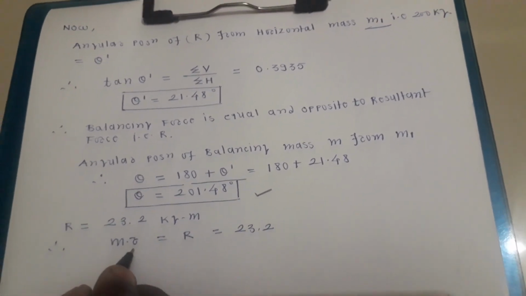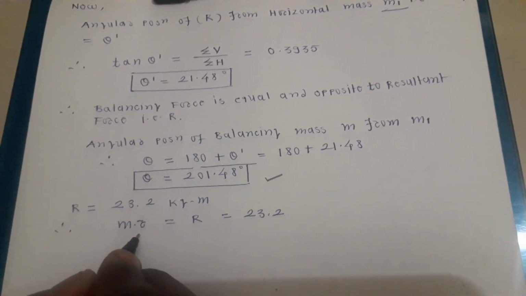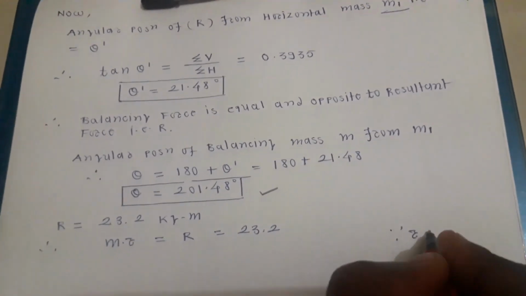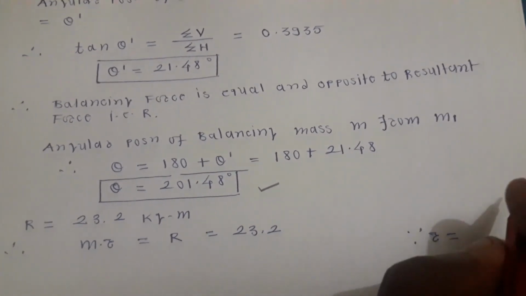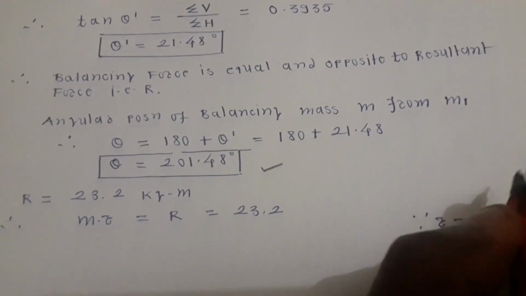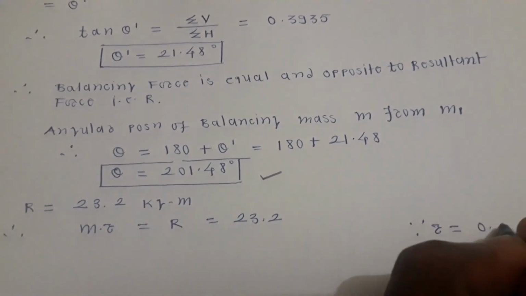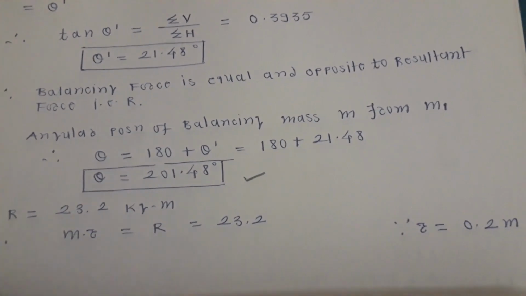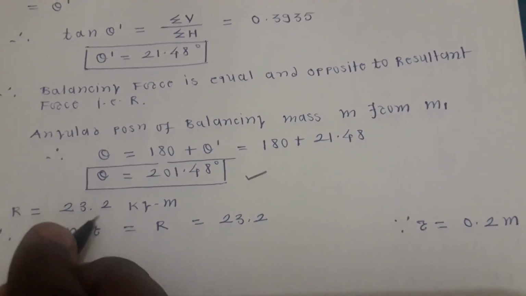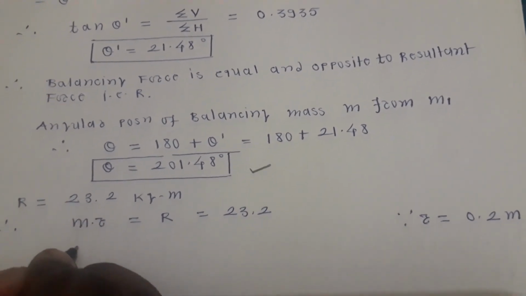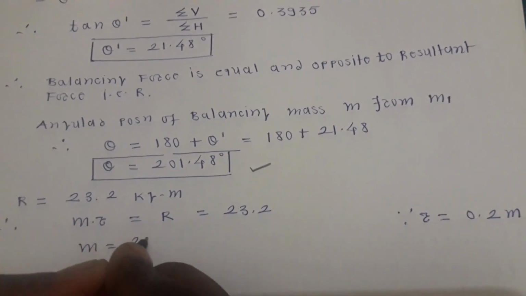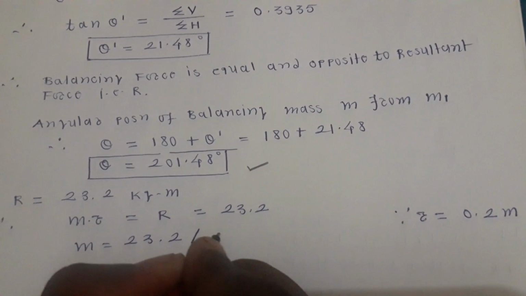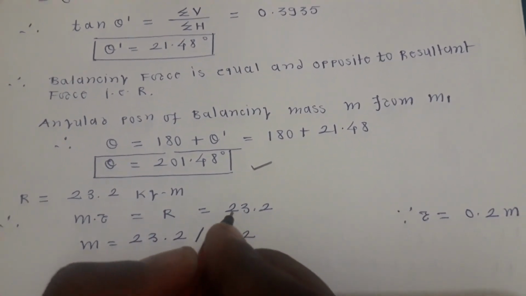The radius for the balancing mass is given as small r equal to 0.2 meter. So if you put this value, m is equal to 23.2 divided by 0.2.